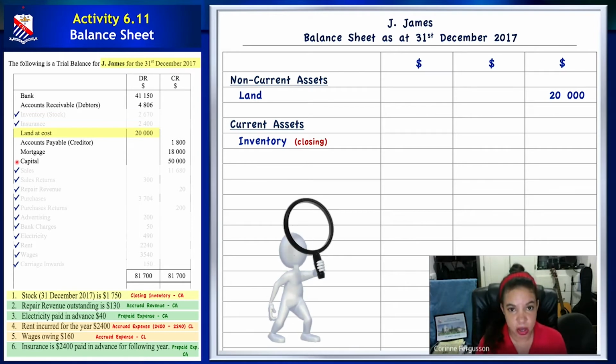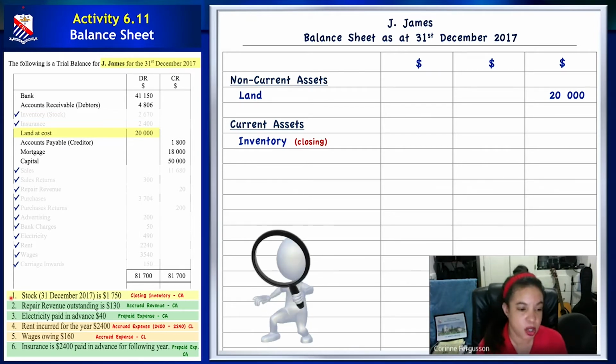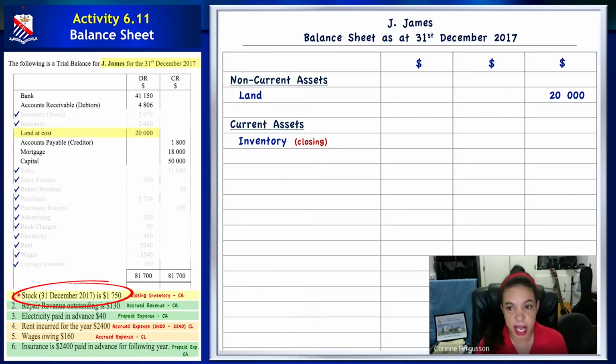And where do you find your closing inventory? In the notes, right? So your closing inventory, and we will put that in the middle column. Your closing inventory is 1,750. So that you put, and that's it. You move on to the next one in order.